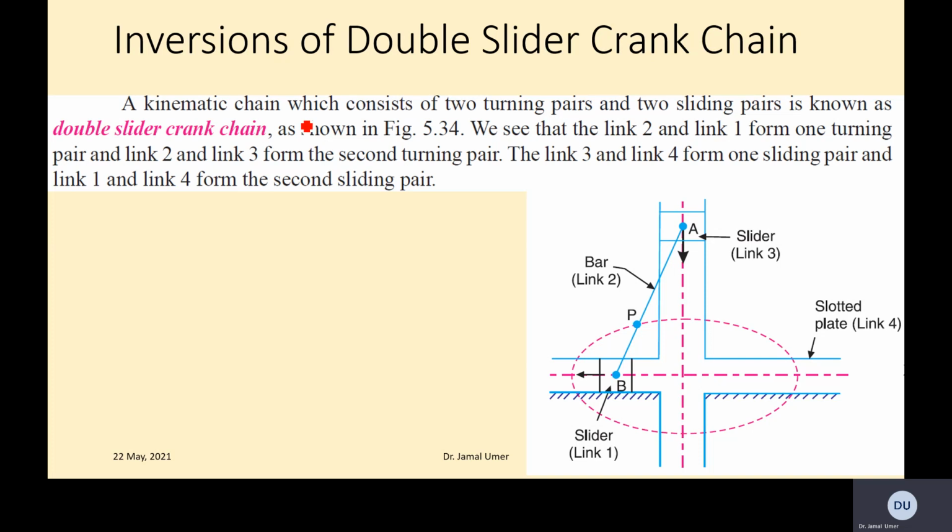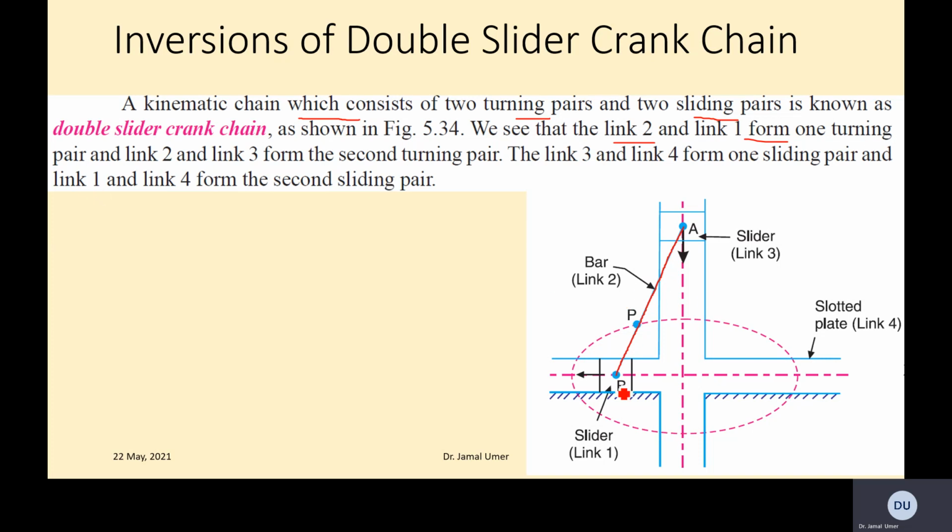A kinematic chain which consists of two turning pairs and two sliding pairs. So we have two turning and two sliding pairs in this double slider crank mechanism. This is called a double slider crank chain as shown. Link 2 and link 1 form one turning pair.